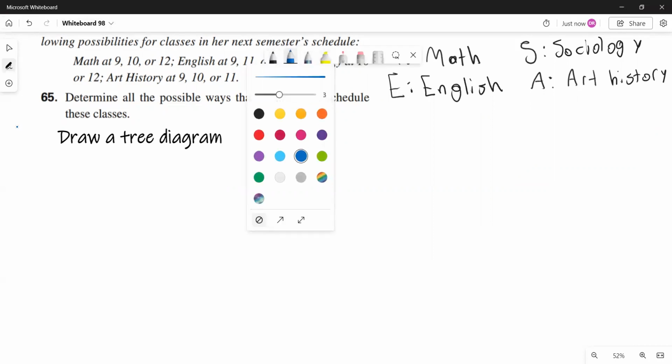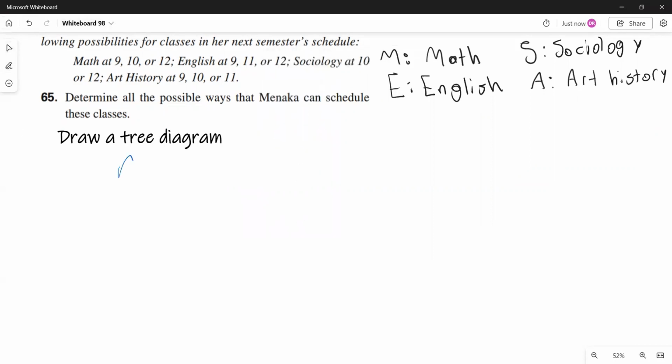Okay, at what time she can take math, English, sociology, and art history. So we can see that she can take math at 9, 10, or 12.